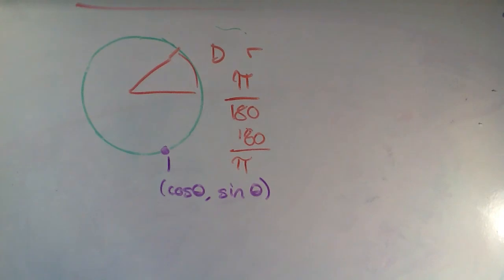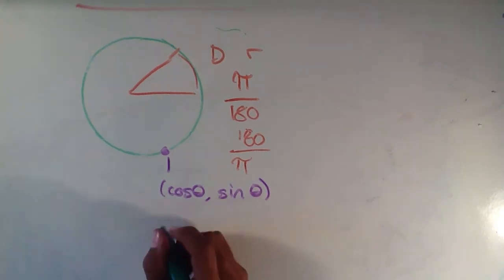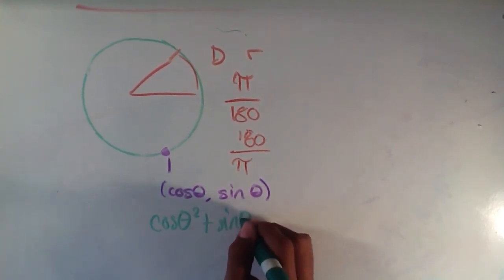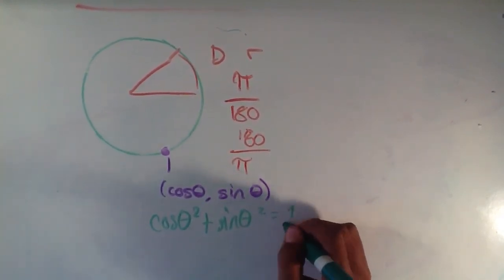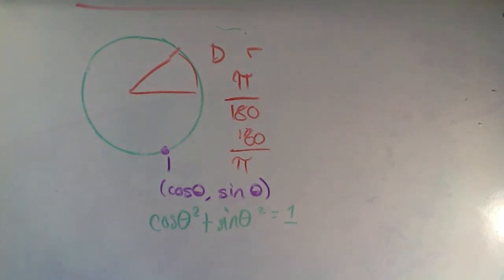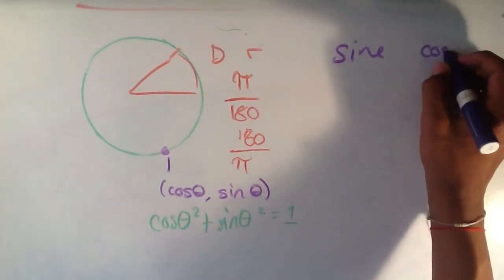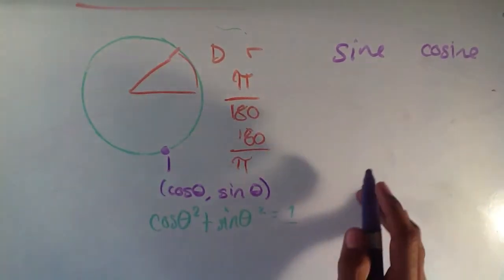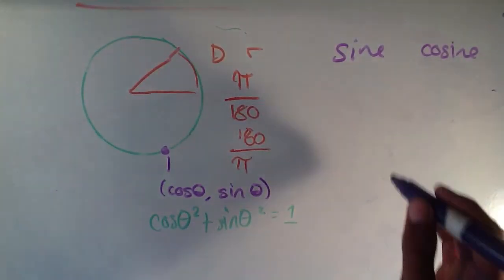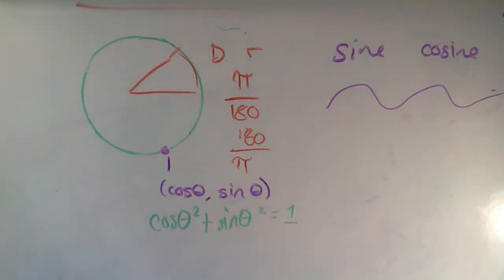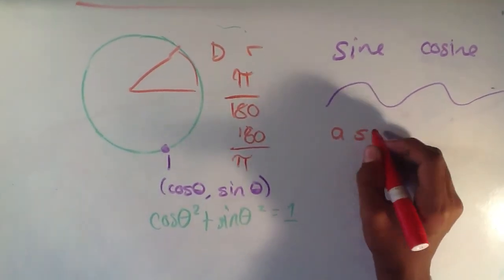And also that cos theta squared plus sine theta squared is equal to 1. And that the sine and cosine rules are periodic functions that repeat themselves over and over again. And we can adjust them using a basic formula.